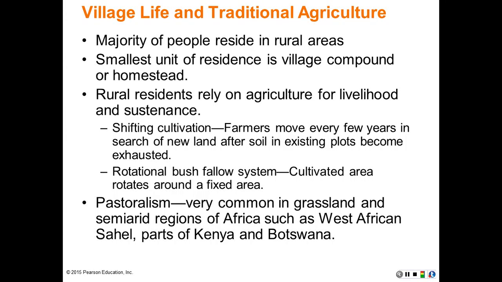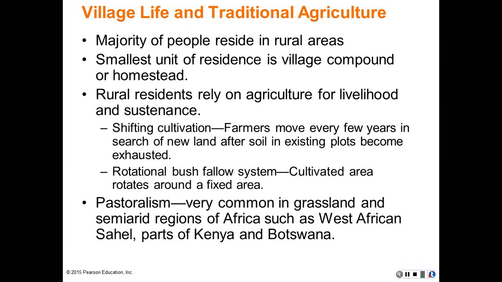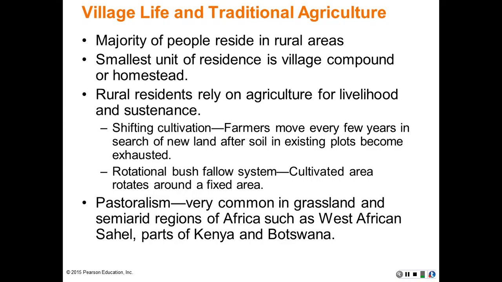There are two primary types of agriculture occurring in the smaller traditional village farms. These include shifting agriculture, where the farmers move every few years in search of new land after the soil in the existing plots has become exhausted of all the mineral content. There's also a more sedentary rotational bush fallow system, where the cultivated areas rotate around a fixed location, that, of course, being the position of the village.